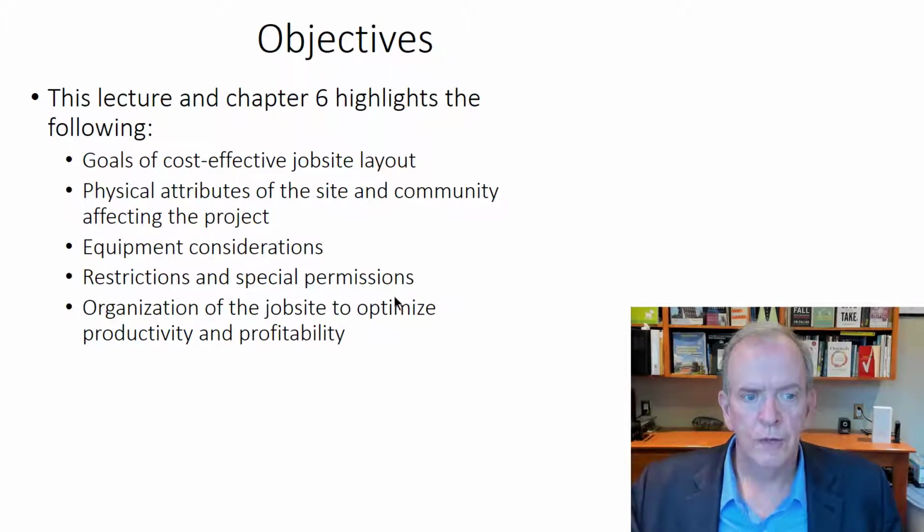We also have to think about restrictions and special permissions, and we'll get into that. There's a bunch of them that we have to consider. Anytime you're dealing with a third-party agency or regulatory authority, you have to treat it pretty cautiously, because they're not hired by you. They're not really on your timeline, and we talked about time, cost, quality.